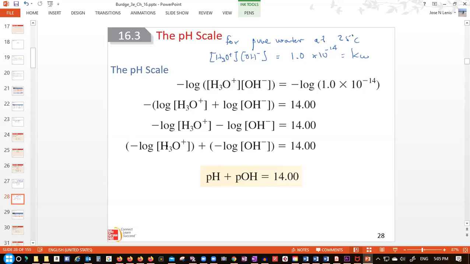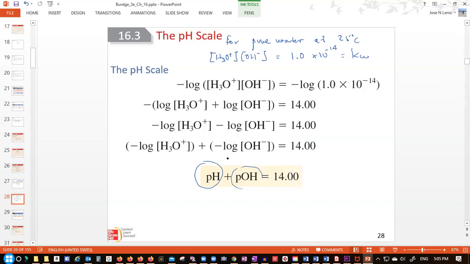And what is negative log of H3O plus? It is pH. And what is negative log of OH minus? It is pOH. Equals 14. Very important relationship for these acid-base solutions: pH plus pOH equals 14.